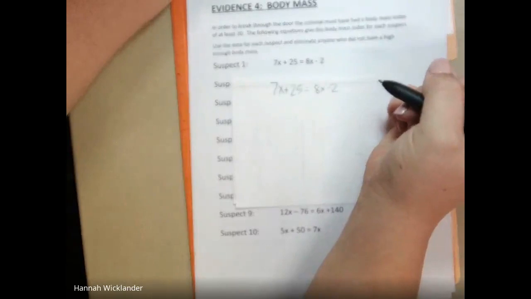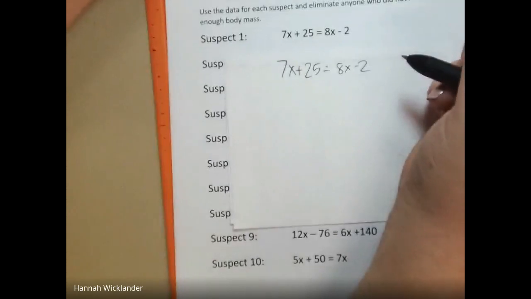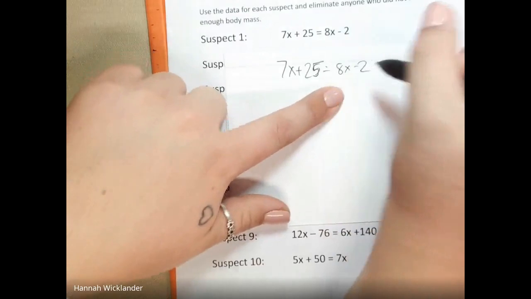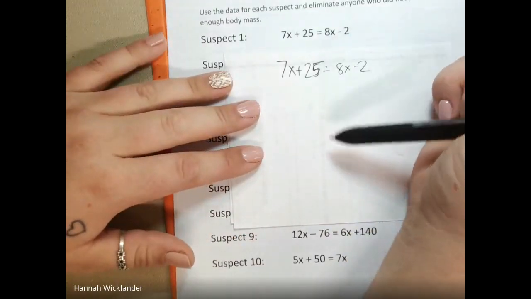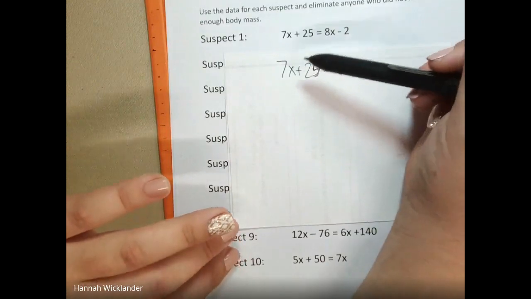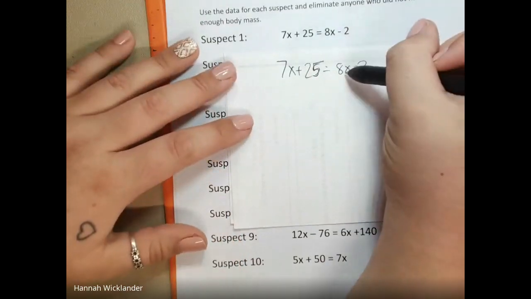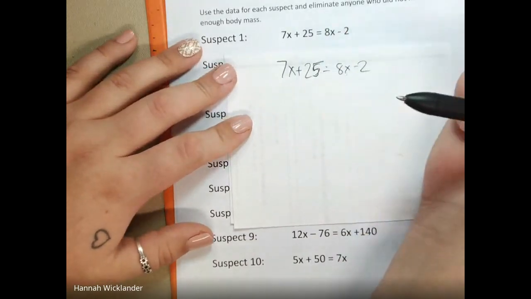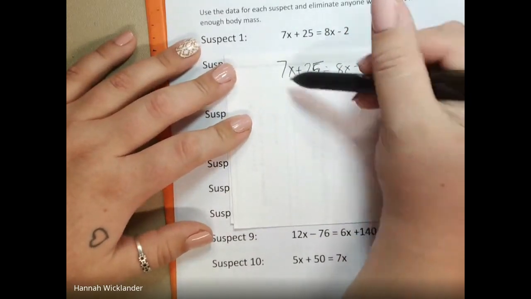So I want to get my variables on one side and my numbers on the other, because I can't simplify this. I can't bring together an x and a number. So I'm going to move my variables, anything with an x, to the other side. With the 8x, I'm going to move 7x to this side. That way I keep my variable positive. Then I'm going to bring my number over here.